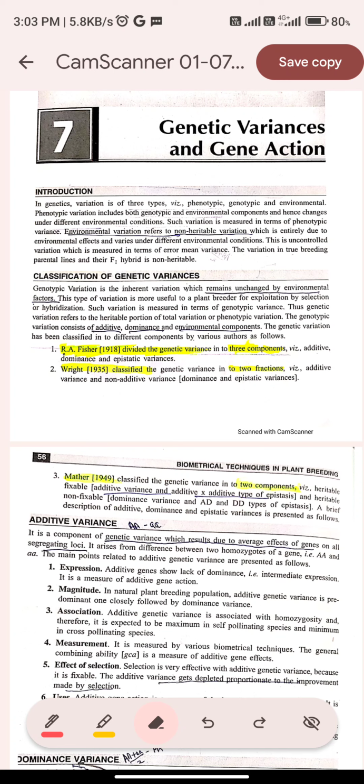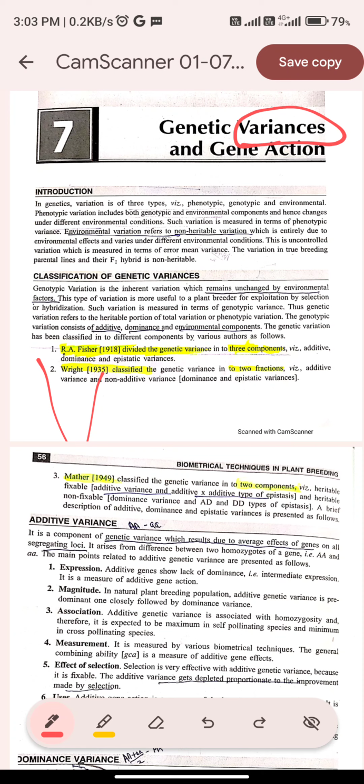The difference between variance and variation is: variance is an absolute term. Absolute term means the term that is used to measure something. In statistics, it is used to measure different components like additive variance, genetic variance, dominance variance, and epistatic variance.